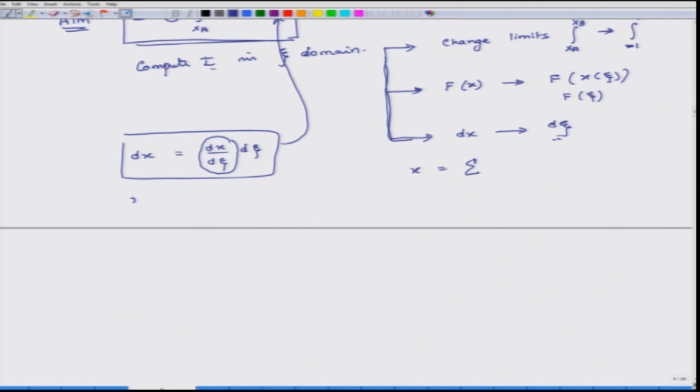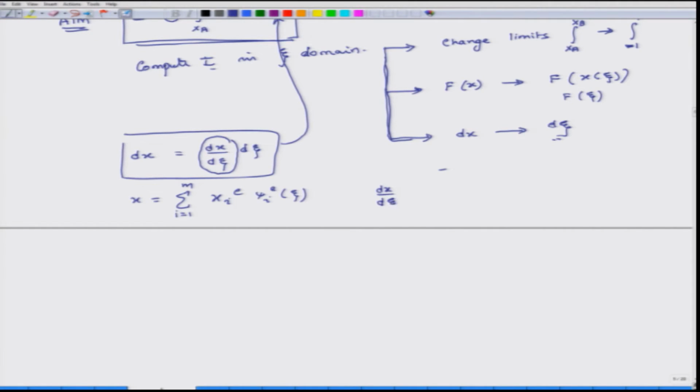So, we know that x is the sum of xi e psi I, and psi is a function of zeta, and I am summing it over index I equals 1 to m, yes. So, what does this mean?